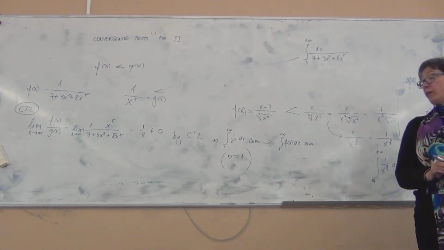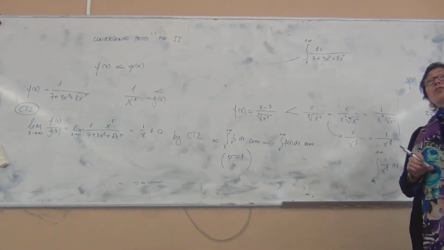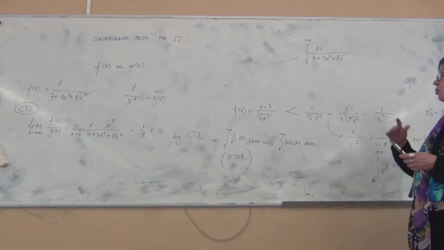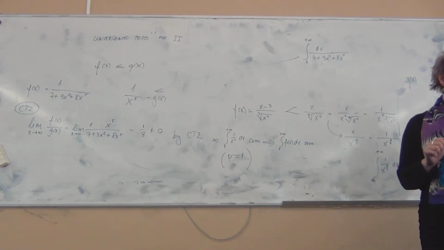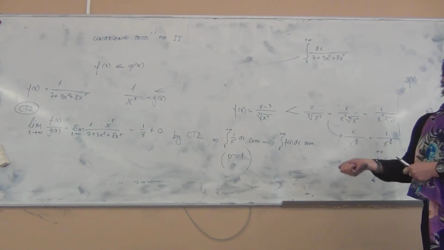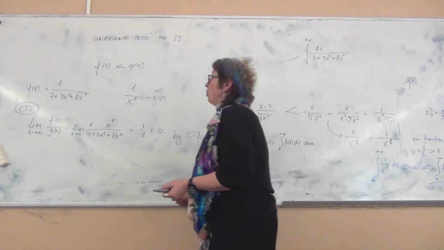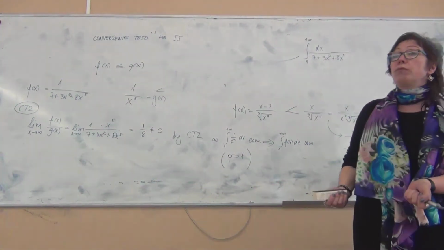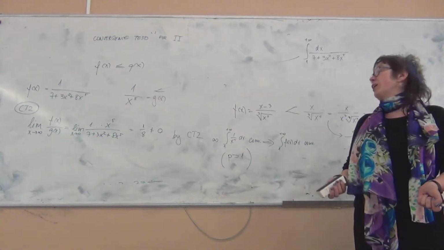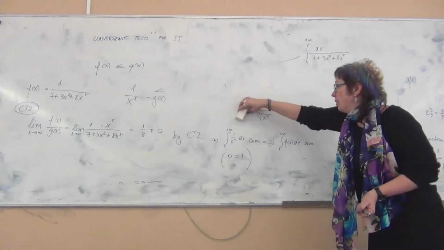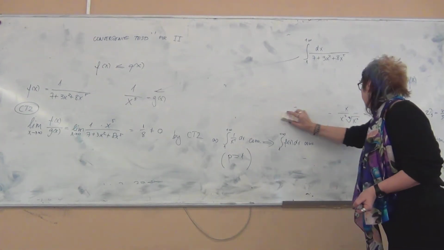This one is done. So this comparison test is actually more convenient than trying to use the first comparison test. Although in some simple situations, the first comparison test is actually very good. But if you want to be sure, this is more universal. The second comparison test works more universally and it's usually easier to deal with.